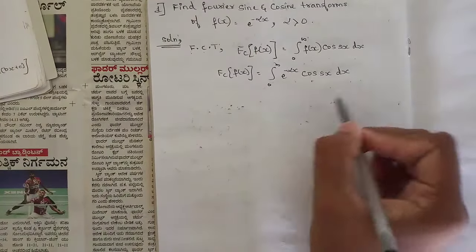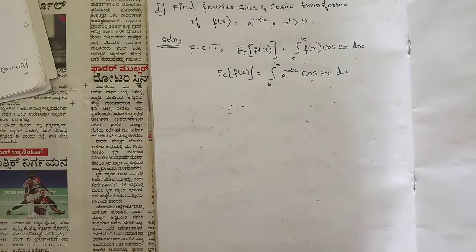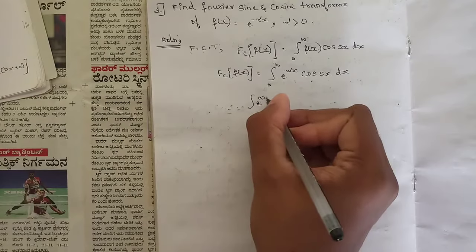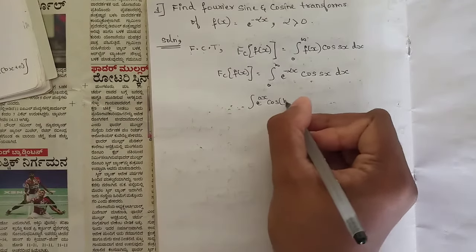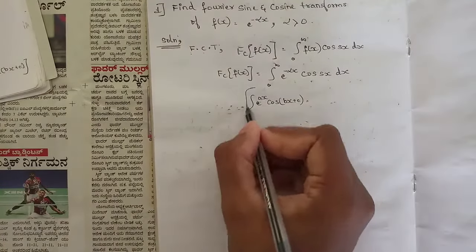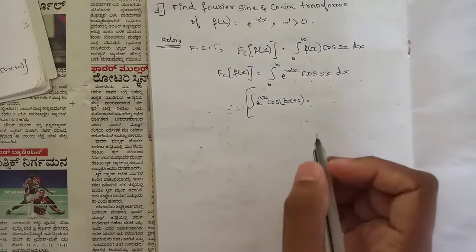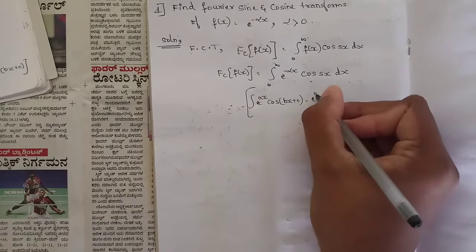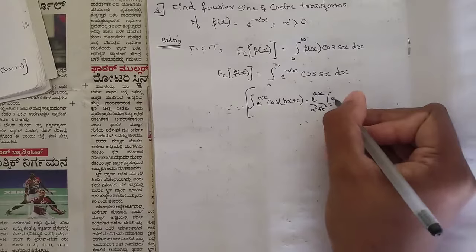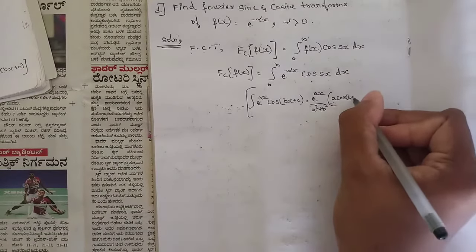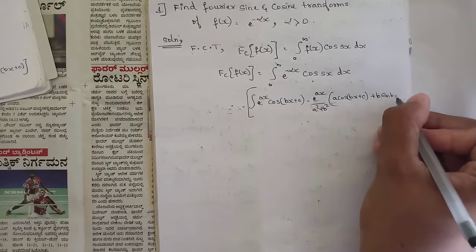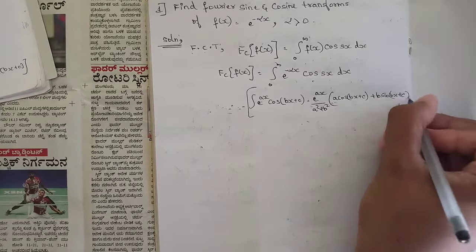If we see this integral very carefully, it is of the form e to the power ax cos of bx plus c. This is equal to e to the power ax divided by a square plus b square, into a cos bx plus c, plus b sin bx plus c.